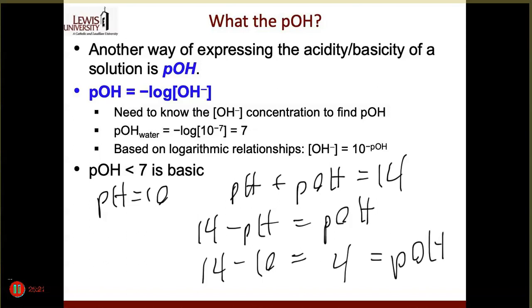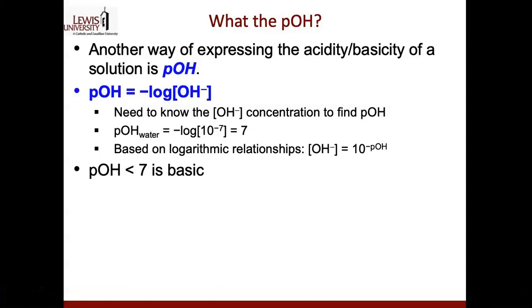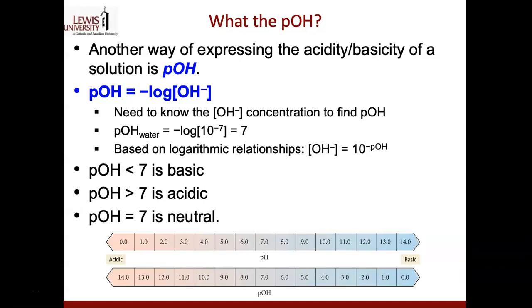What does that tell me? Whenever I have a really basic solution, the pOH will be small and the pH will be high. This makes sense because it's a negative log relationship. Anything that's acidic is going to have a really large pOH and a really small pH. And anything at neutral is pH 7.